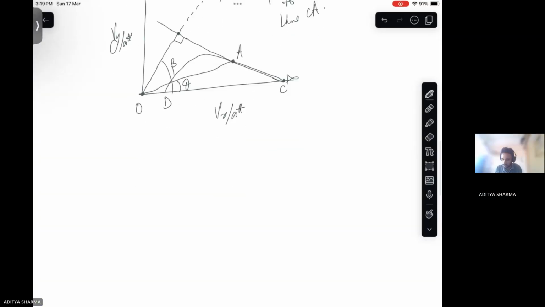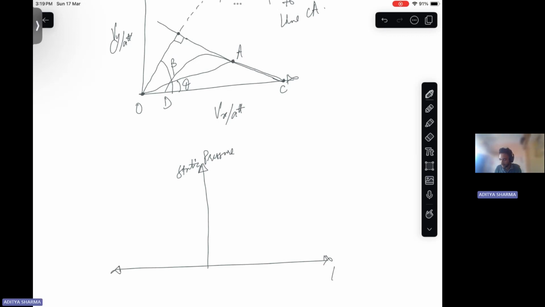Which is the reflection diagram. We have this type of diagram. It's a static pressure, and on this x-axis we have theta, the deflection angle. So we have negative theta and positive theta.